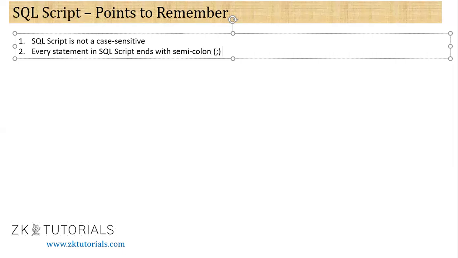As I told you in the previous session, every line will end with a semicolon. As in a sentence every line ends with a full stop, same with SQL script. Here, every line ends with a semicolon. Is this clear, guys?